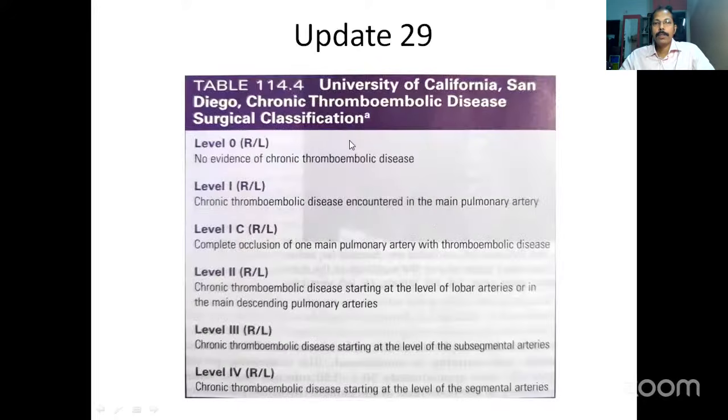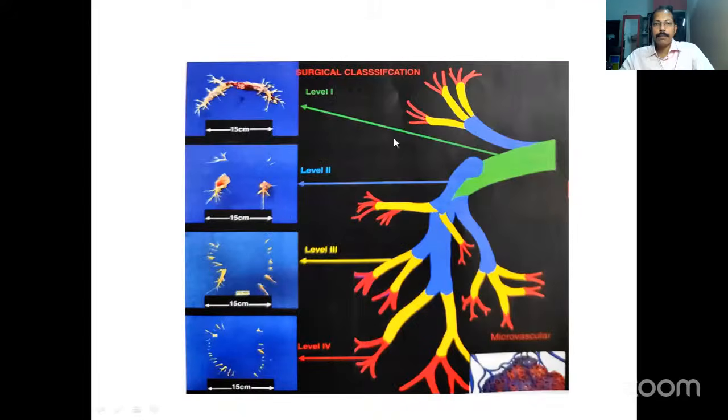And this is the table that has been given in your book. The surgical classification of a pulmonary embolism, appreciate, depends upon the level of occlusion. It has been classified into level 1, level 2, level 3, and level 4.